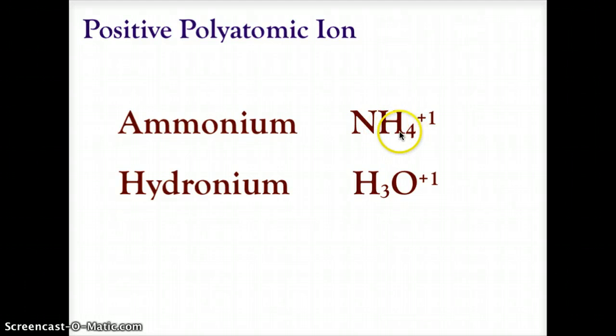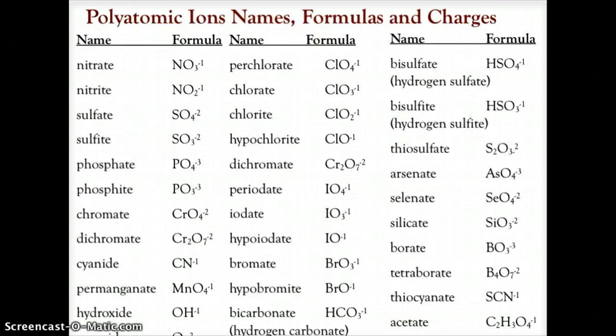And in the case of ammonium, NH4, it's a positive 1 charge. And also you have hydronium, which is actually water with an extra hydrogen, and that too is a positive 1 charge. The rest of the polyatomic ions we will deal with, as you saw briefly on that chart, are all negatively charged ions.